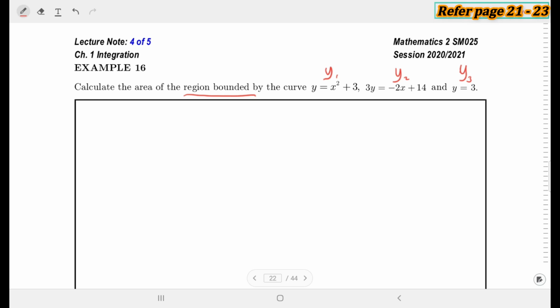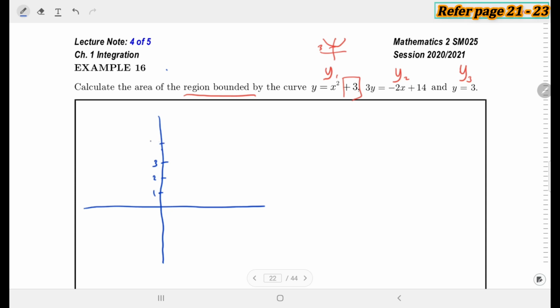First of all, as usual, it is better to sketch first, because from there we can identify which region is bounded. Just a very simple sketch here. We have y equals x squared plus 3, a smiling graph which crosses the y-axis at 3.